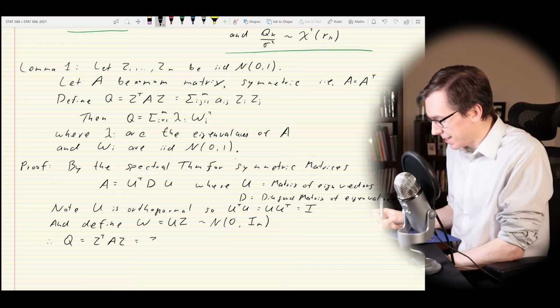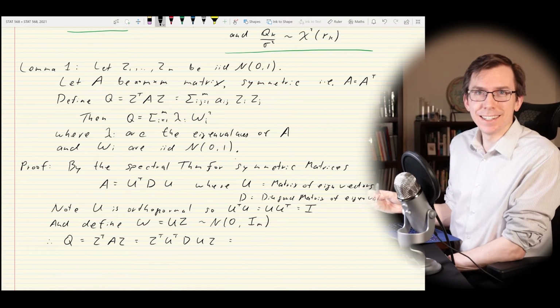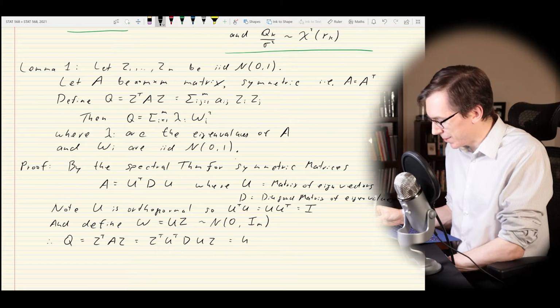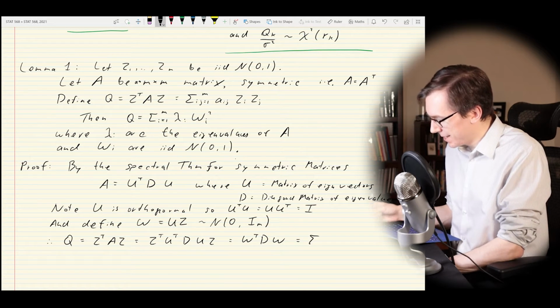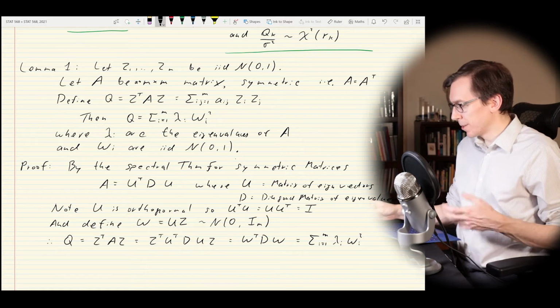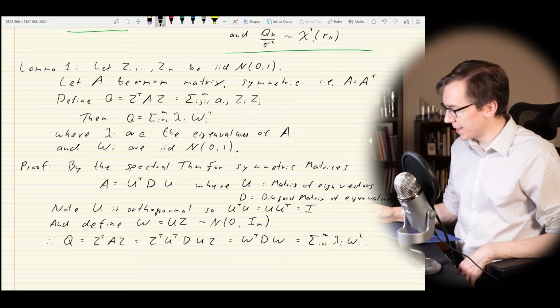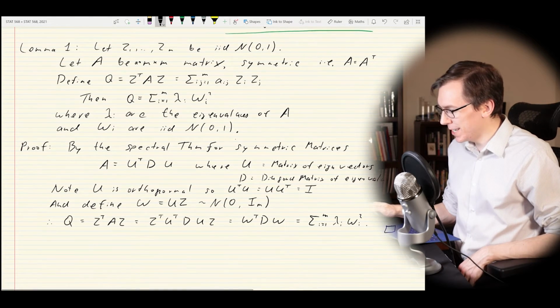We get Z transpose U transpose D U Z. Then we combine the U's and the Z's to get W's, giving W transpose D W. If we stare at that for a second, we realize that since D is just a diagonal matrix, this is just the sum, from i equals 1 to m, of the lambda_i W_i squareds. And we're done with what we wanted to show, so we can write the nice little proof box, QED.